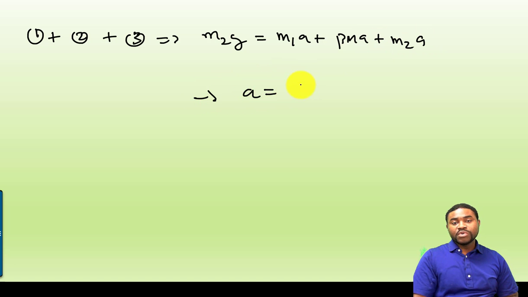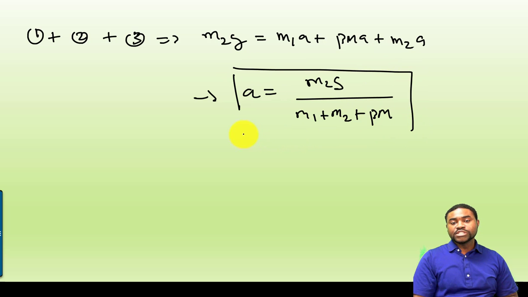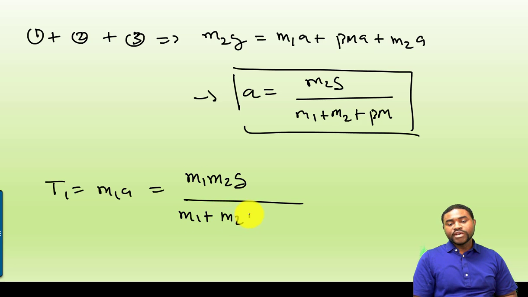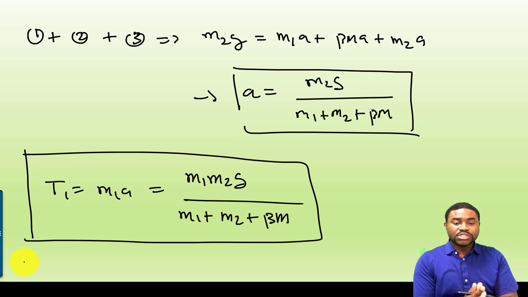This gives us A equal to M2G divided by M1 plus M2 plus beta M. And that is the acceleration of the object. T1 is equal to M1A, which is just going to be equal to M1 M2G divided by M1 plus M2 plus beta M. That expression gives us T1. Now, because of your intellectual curiosity, you could now calculate T2.